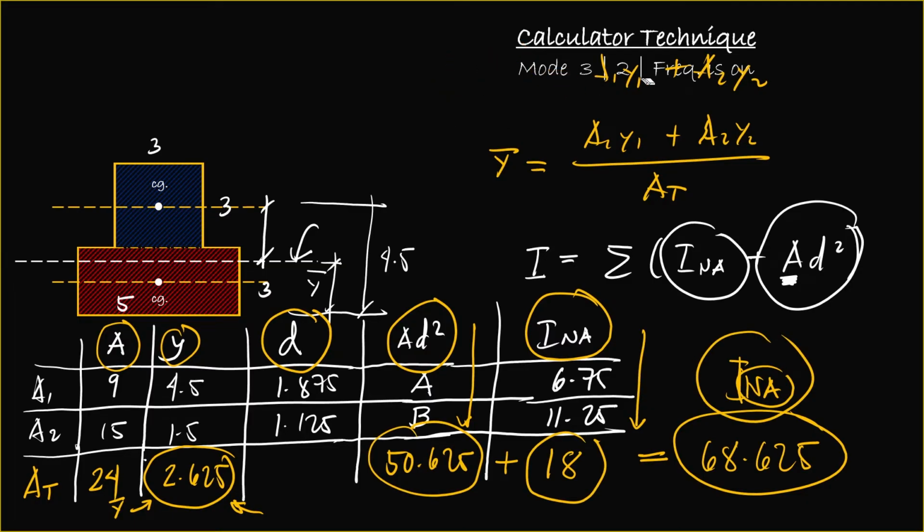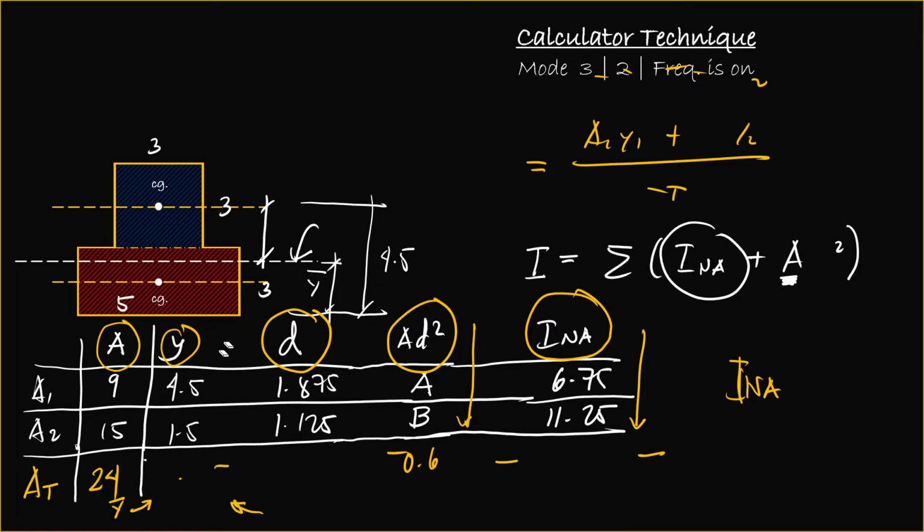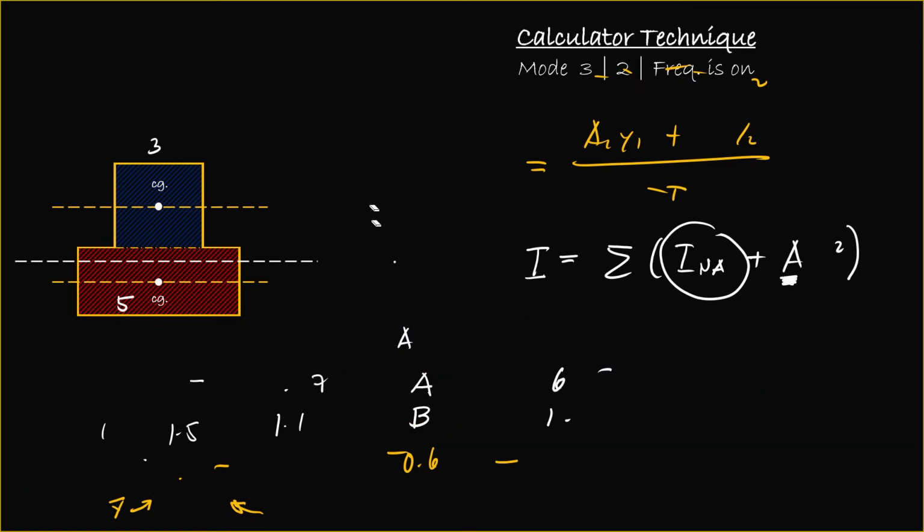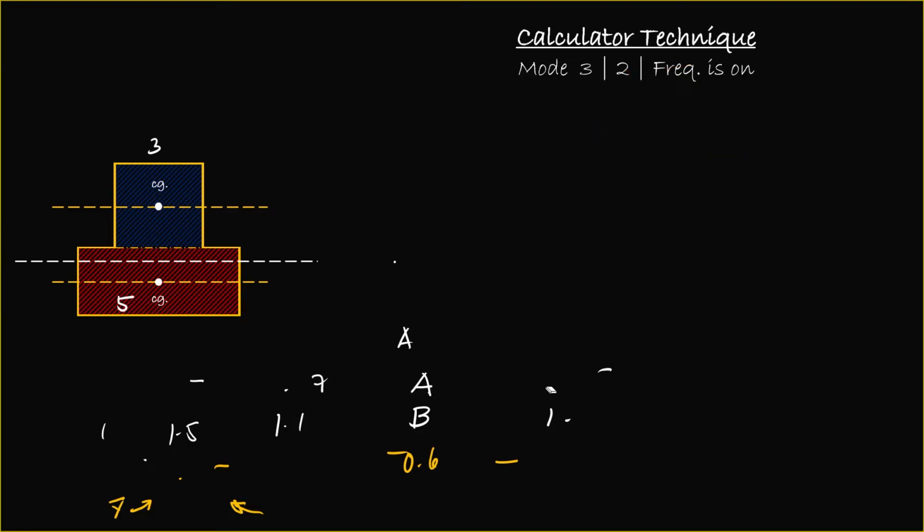Okay, let me erase this one. Let's use the calculator technique so you can appreciate it. Press mode 3. Before that, we need to solve the INA of each shape.